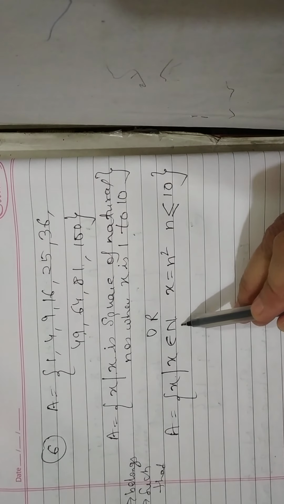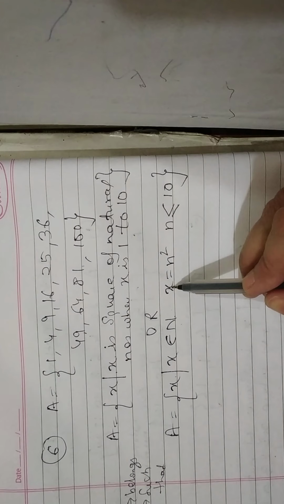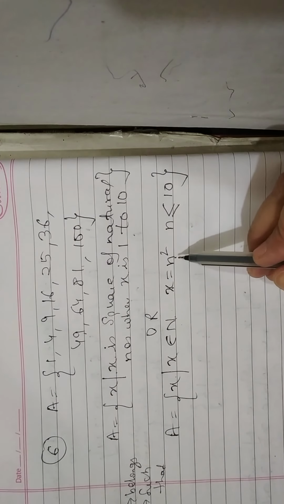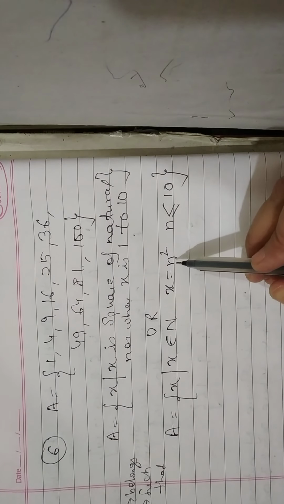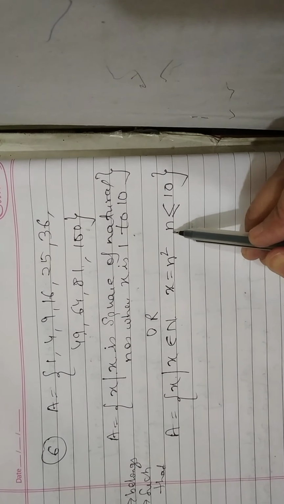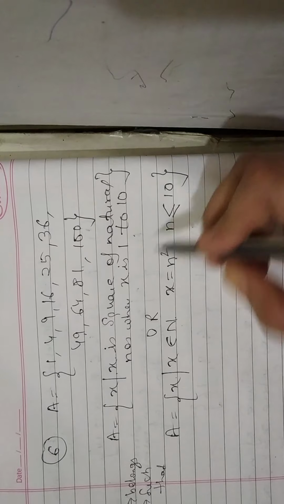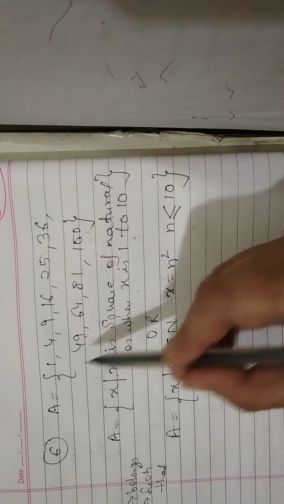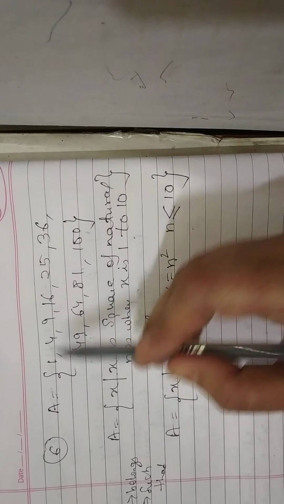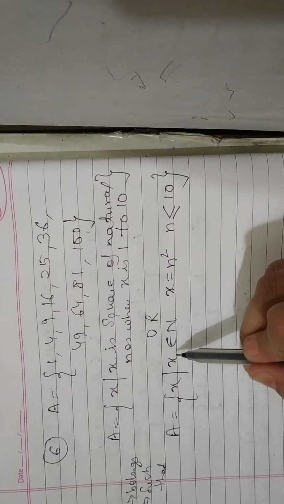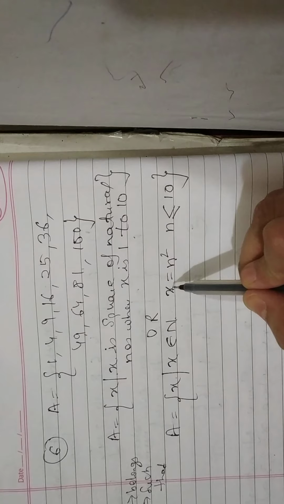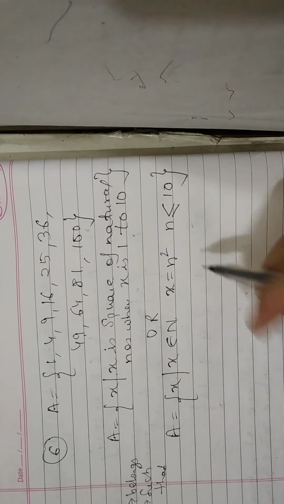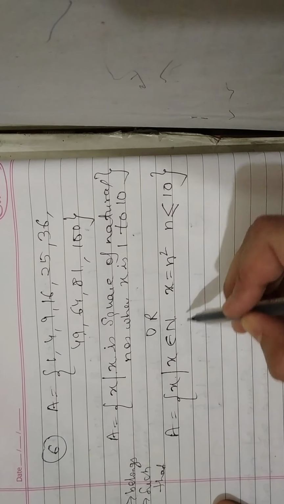Now x is equal to n square, where n is less than or equal to 10. So x is such that x is equal to n square, and x belongs to natural number. Or you can take another method.